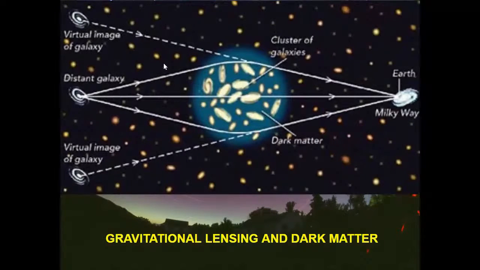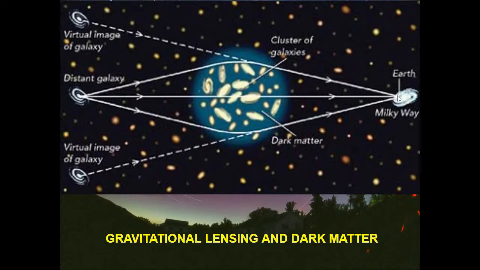out of this quasar or a distant galaxy will get bent, and there is a cylindrical symmetry, and therefore a point source here will appear like a ring because of the gravitational bending of light.